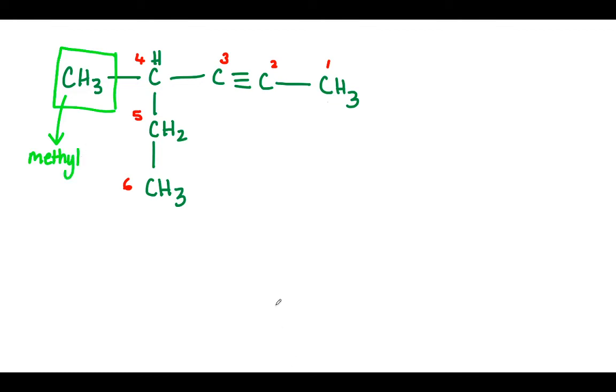So doing all of that, I can name this all together. So I've got 6 carbons, so that's hex, and 1 triple bond, so hexyne, so YNE. And just like we did for the double bond, the triple bond is between carbon 2 and carbon 3. Instead of having to say all of that, I can just give it the lowest possible number here. So carbon 2. So I'm going to do 2 hexyne.